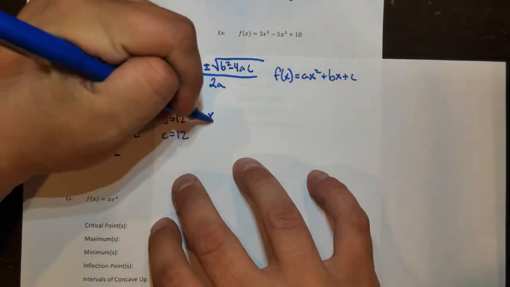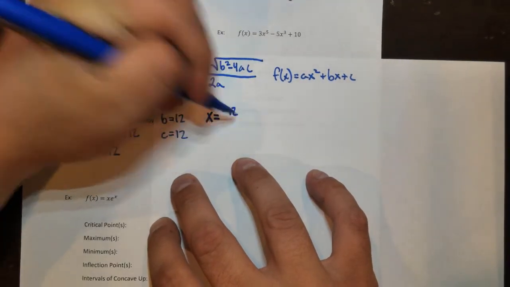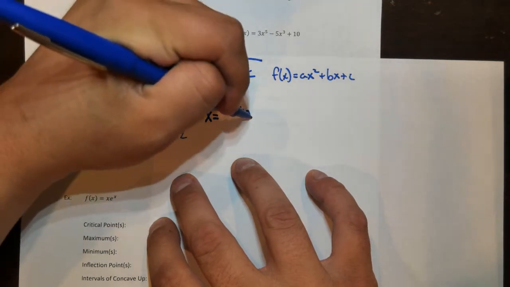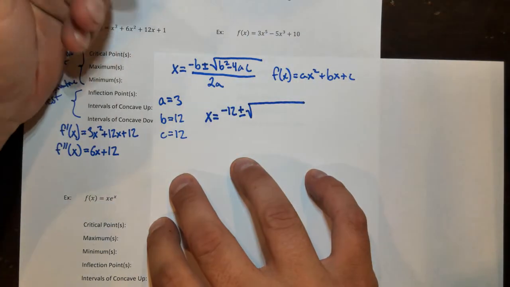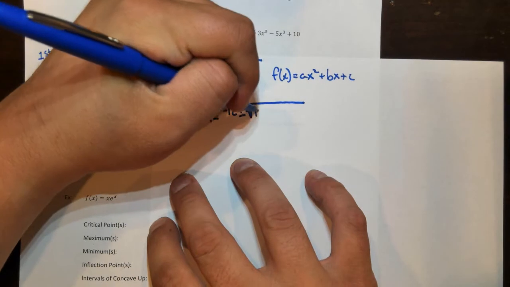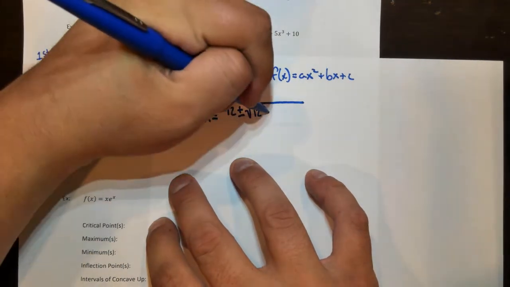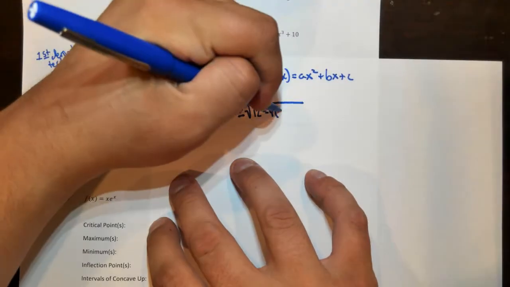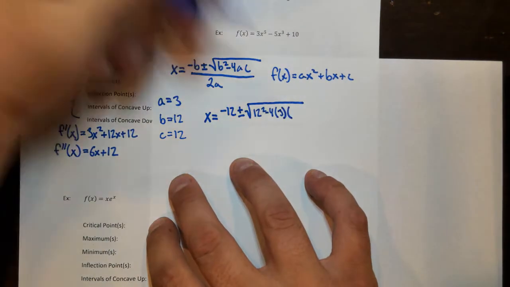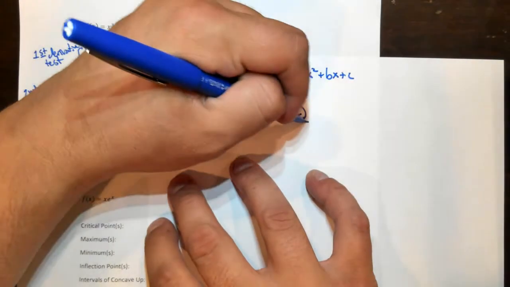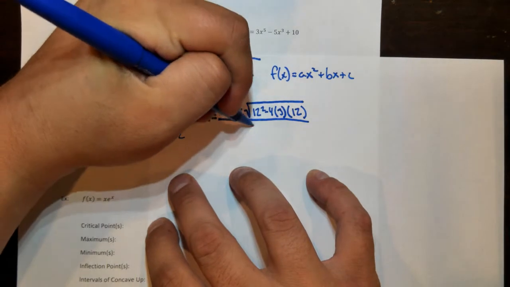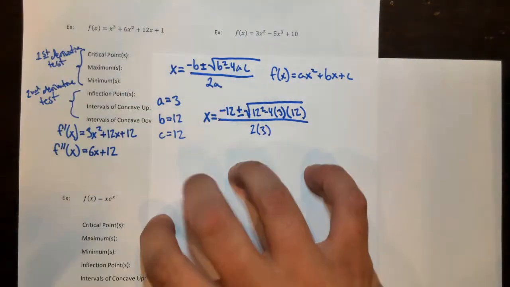So we have x equals negative 12 plus or minus the square root of b squared, so b, 12 squared, minus 4 times a, which is 3, times c, which is 12, all over 2a, or 2 times 3.